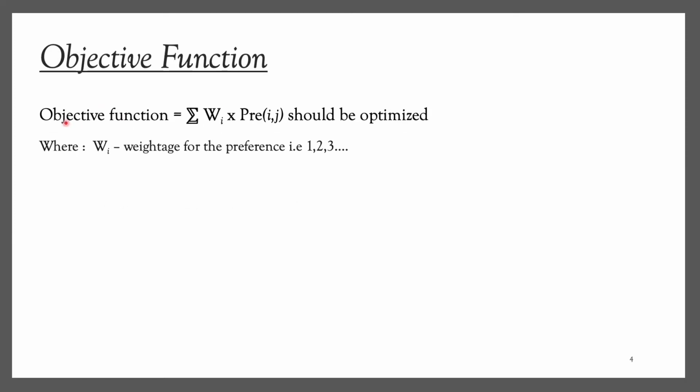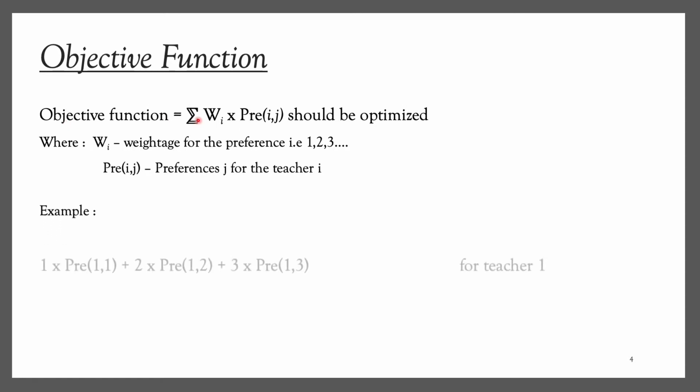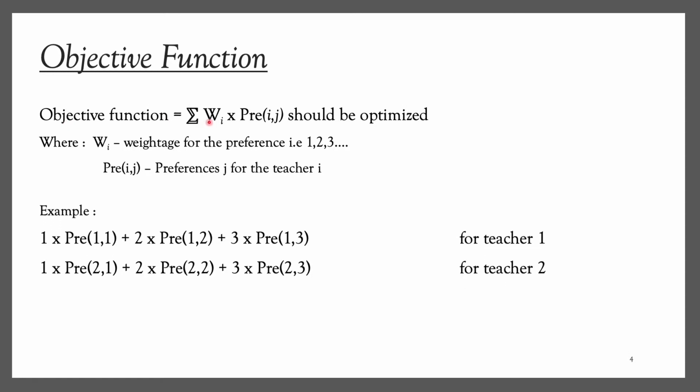Objective function. The objective function in this project is defined as the summation over the multiplication of Wi and preference ij, where Wi is the weightage of the preference 1, 2, or 3, and preference ij is preference j of teacher i.